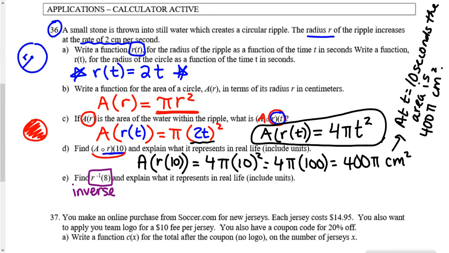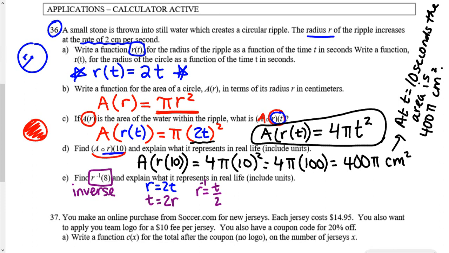So if my original radius function was r equals 2t, then in my inverse function, t equals 2r. I switch r and t. Now I'd have to get my new r by itself. So I would have r is t over 2, and that's my inverse r.